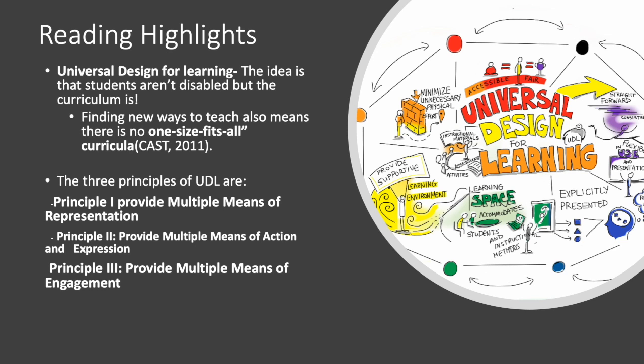Finally, we have our reading highlights, which you'll typically find at the end of every reading or every PowerPoint that covers readings assigned to you throughout the module. The reading highlights indicate key points that you should have picked up as you were reading. So for example, here you have Universal Design for Learning, what the definition of that is, and then you have the 3 principles spelled out for you.